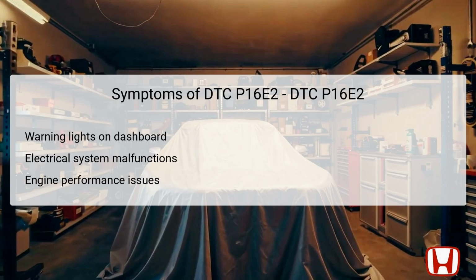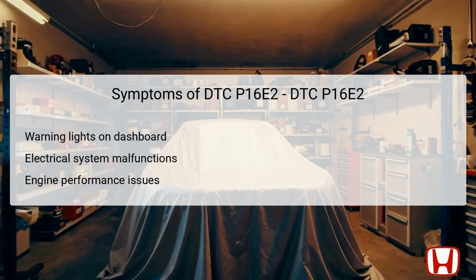Drivers may notice warning lights activating on the dashboard, signaling that something is awry with the vehicle's electrical systems. Commonly, these will include check engine lights or battery warning indicators. Additionally, electrical system malfunctions may occur, leading to problems like dimming lights or failure of electronic accessories.